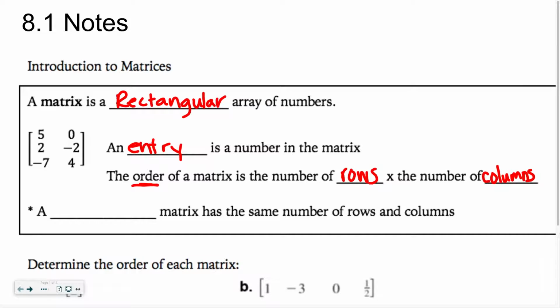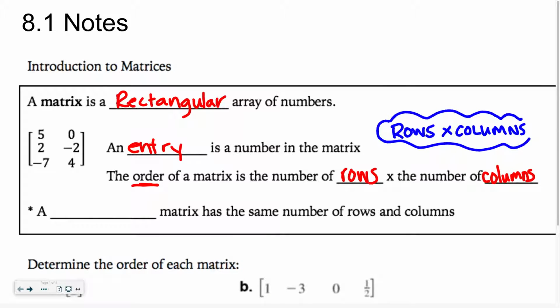I always like to write rows by columns up here, because it would be very easy to swap those around and convince yourself it's columns by rows. So I write it out rows by columns and try to take a mental picture of it. When I'm taking my quiz or my test and I'm asked about order, I remember rows first, columns second.